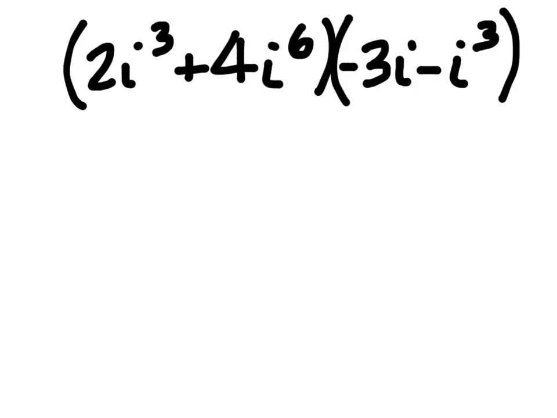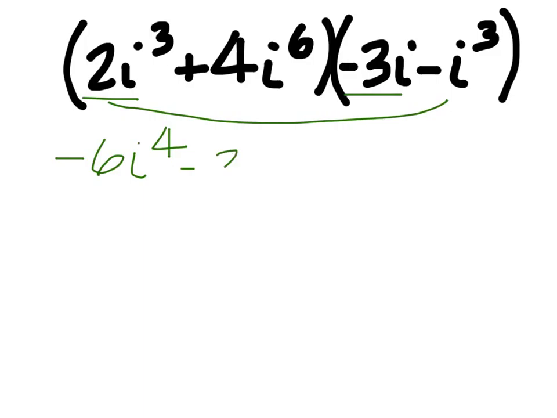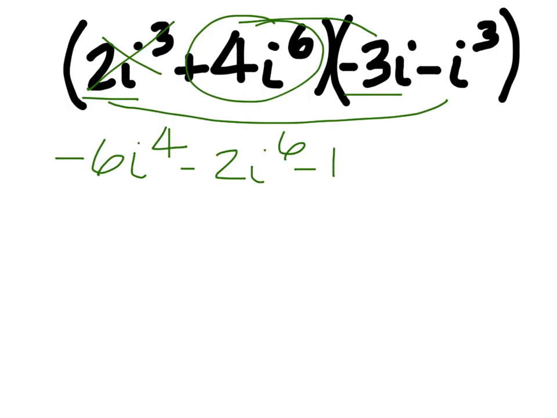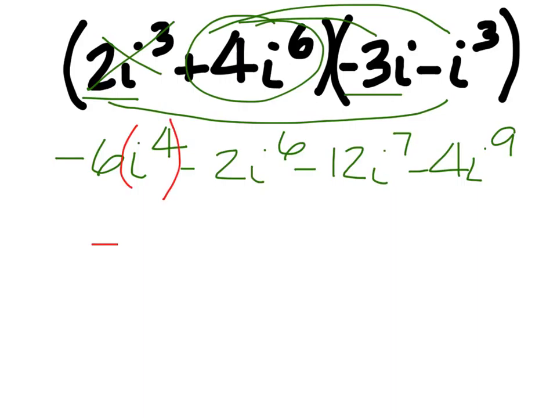On the practice problem, you should start with this and this, which is negative 6i to the fourth, and then go here to get negative 2i to the sixth. Go to this one and get negative 12i to the seventh, and then to here to get negative 4i to the ninth. This is 1, so you have a negative 6.